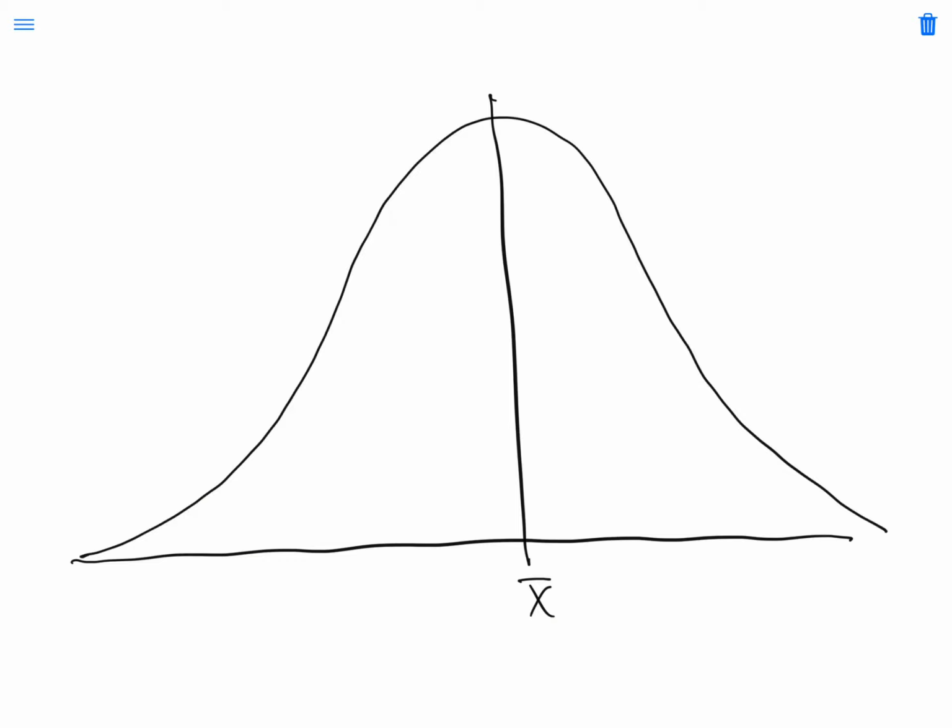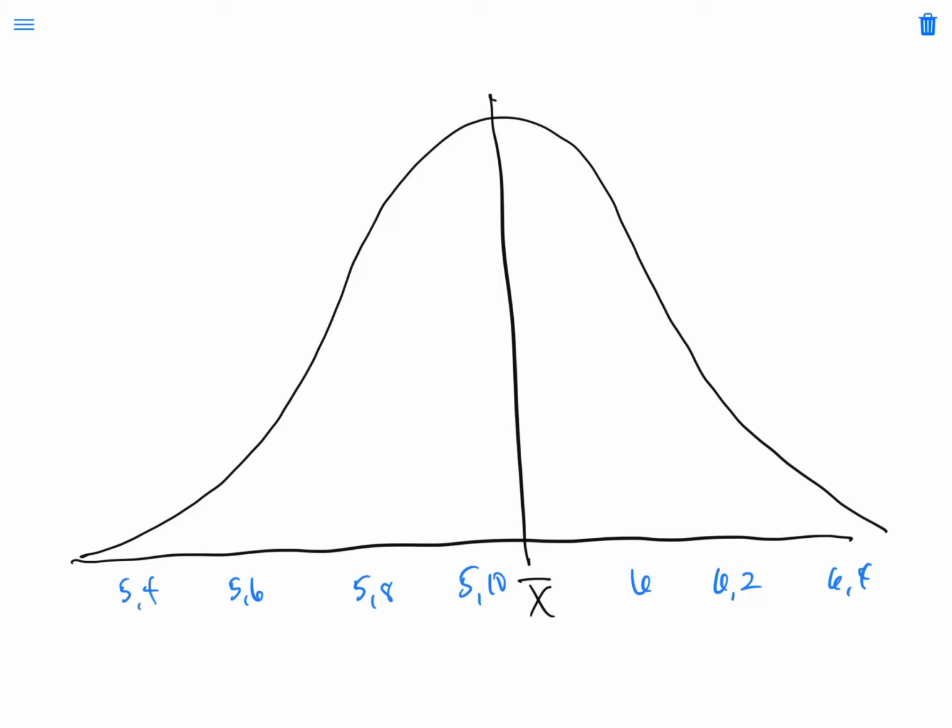Let's say that we are looking at the height of students, and let's say, for simplicity's sake, that the average student is 5'10", right? So this would be 6 feet, this would be 6'2", 6'4", and we come down here would be 5'8", 5'6", 5'4", and of course we would keep going in both directions there.